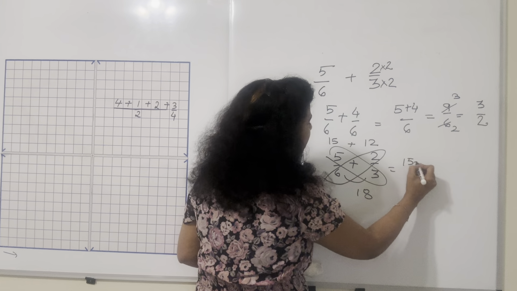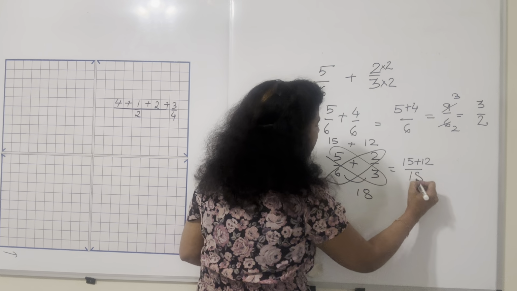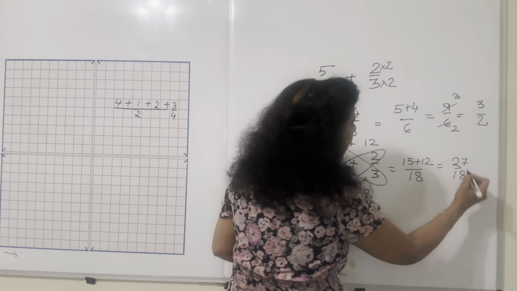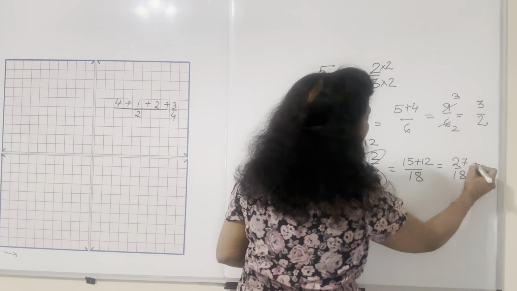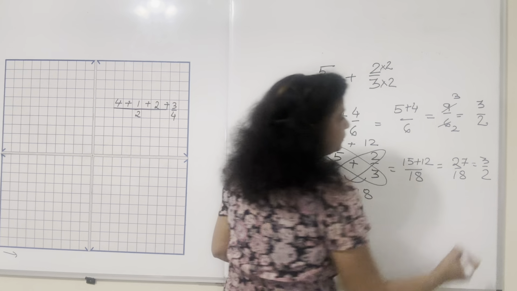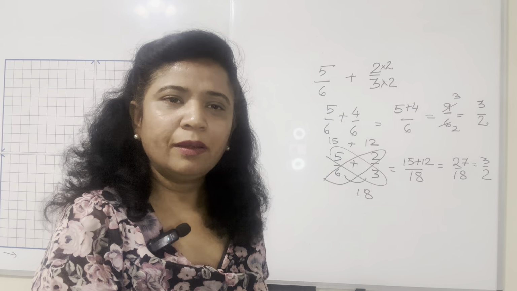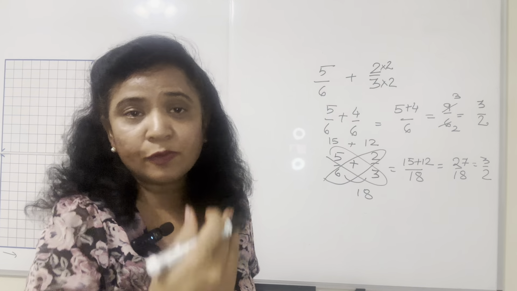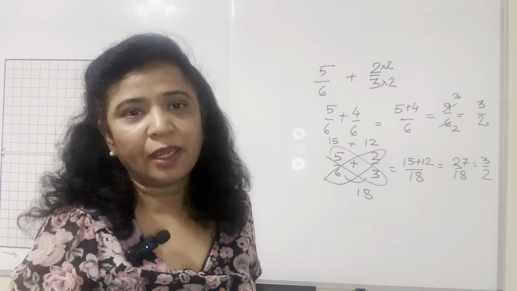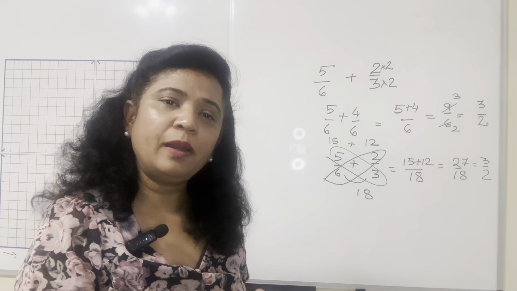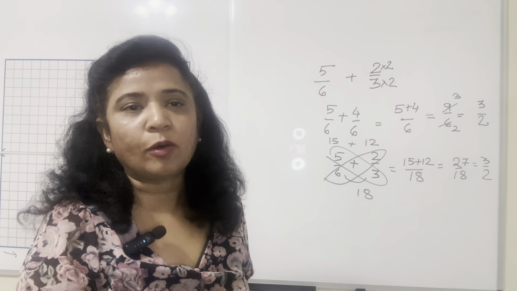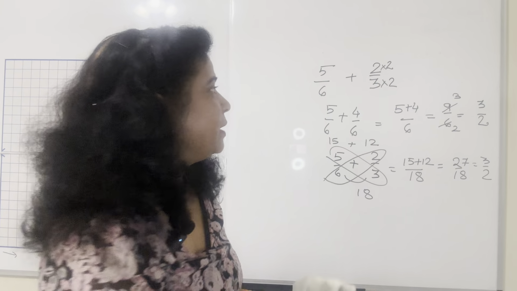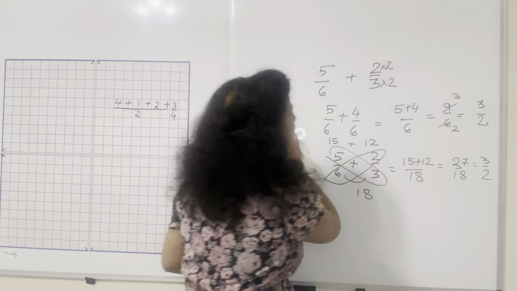So 15 plus 12 over 18 is equal to 27 over 18 and you divide both of them by 9 and you will get 3 by 2. In this one, we see that 6 and 3, it was easier to make the denominator the same. But when there is a prime number and it's not easy to make the denominator the same, that time the butterfly method is better. We can see that for another example.